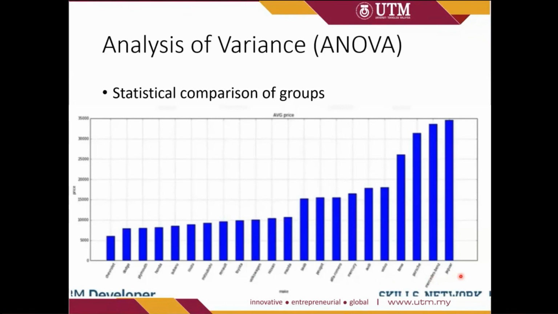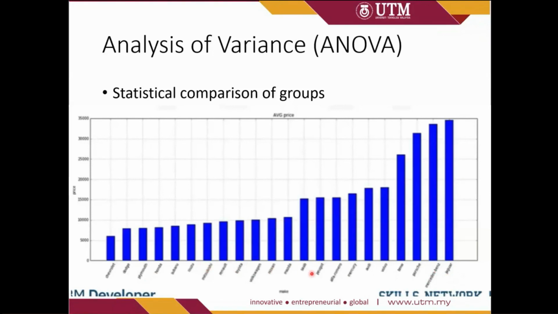So the diagram shows the average price of different vehicle makes. Now, we do see a trend of increasing price as we move right along the graph. But which category in the make feature has the most and which one has the least impact on the car price prediction?